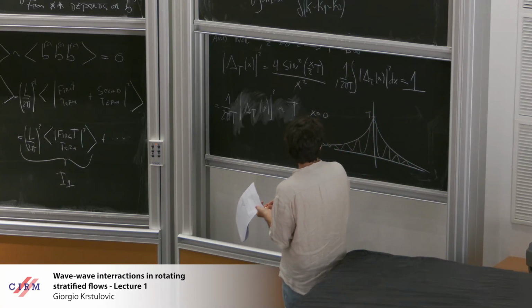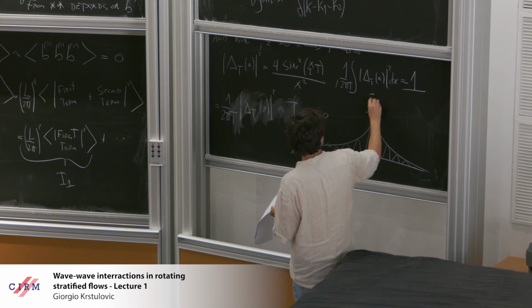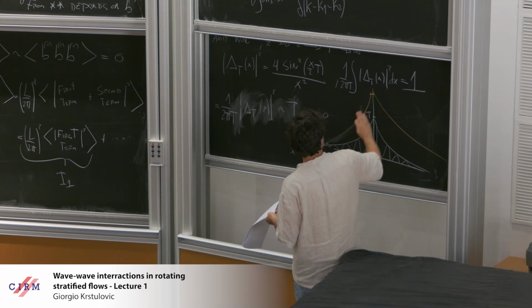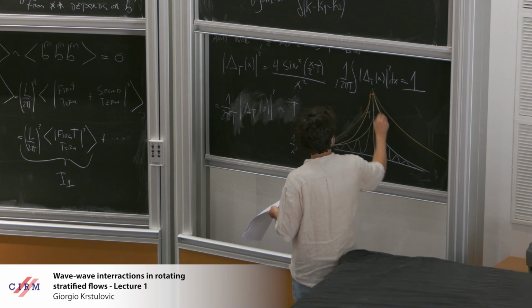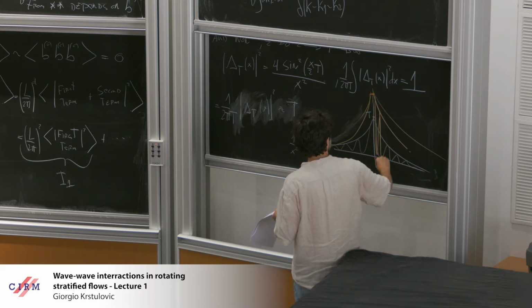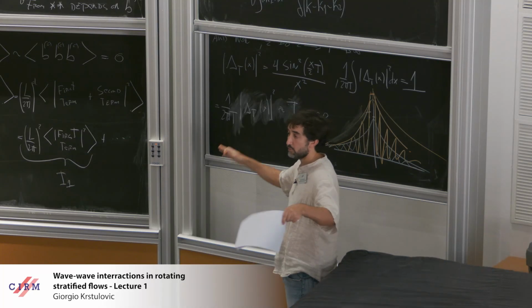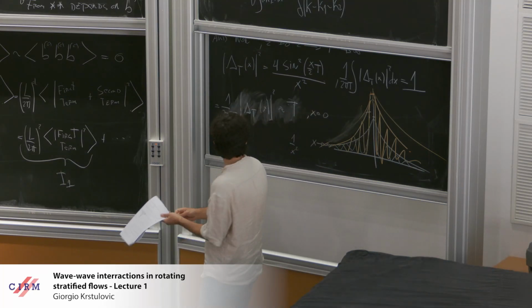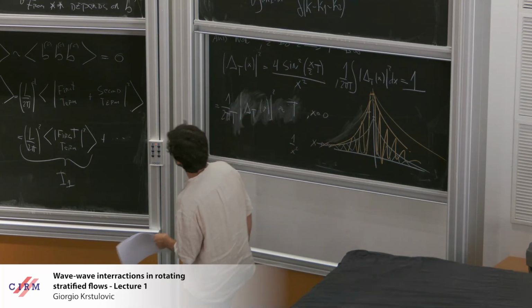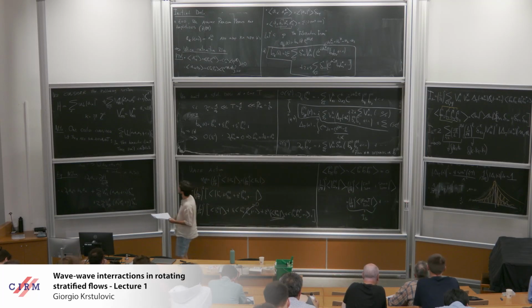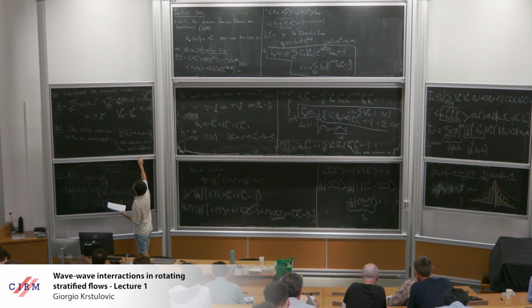You take a larger t, and over here you will have the same envelope, and you start accumulating more and more mass around 0, but the whole thing keeps a total mass equal to 1.